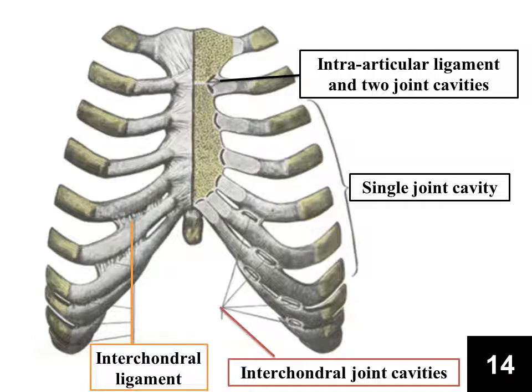As a synovial joint it is surrounded by a thin fibrous capsule, and this capsule is strengthened by the interchondral ligament, which you can see marked in orange color.